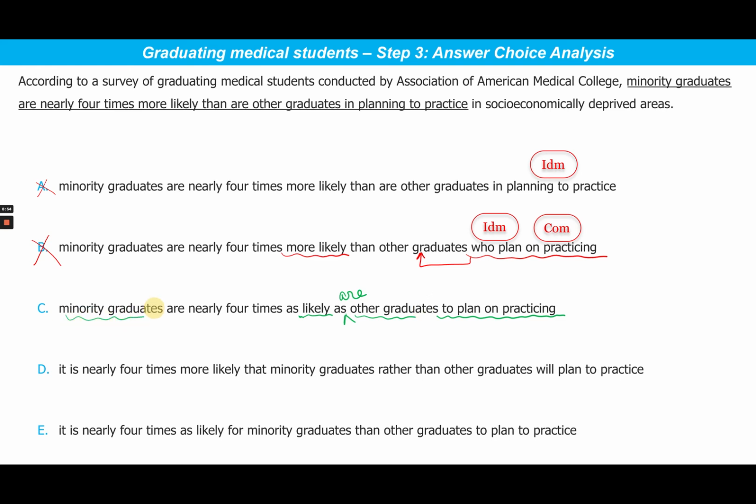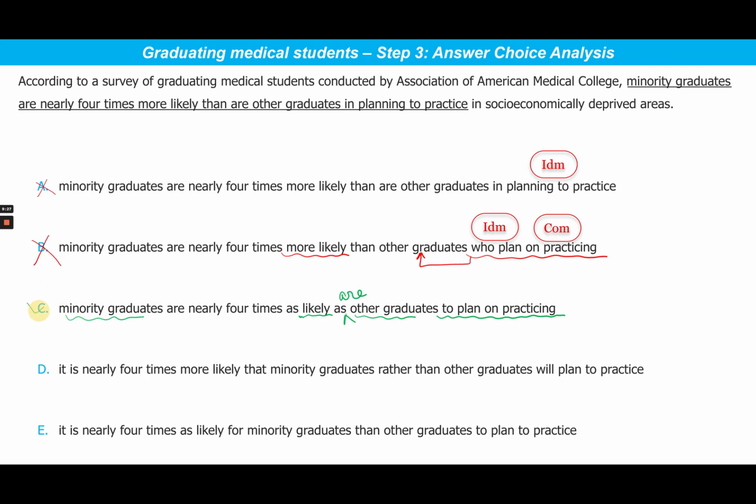There is no other noun in the first part of the comparison with which other graduates can be compared logically, and therefore we do not get any ambiguity. Therefore, we can definitely remove are, because removal of this verb does not lead to any ambiguity in the intended comparison. So, choice C indeed is the correct answer for this question.